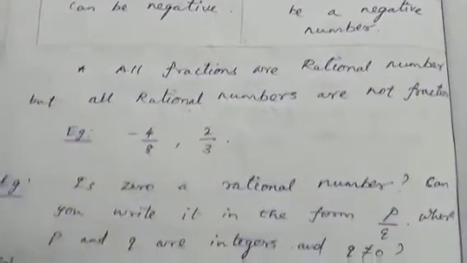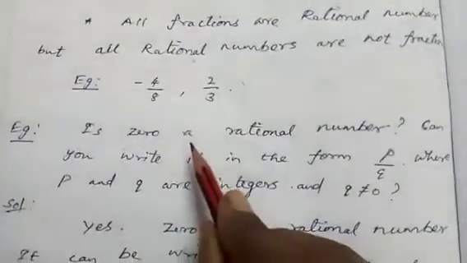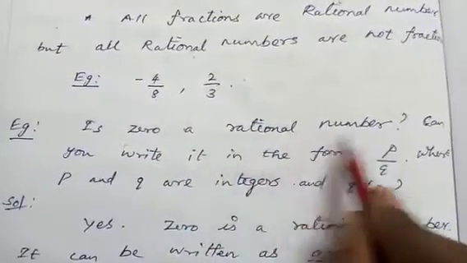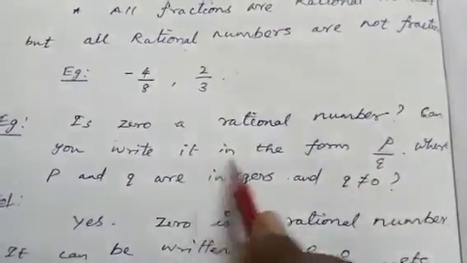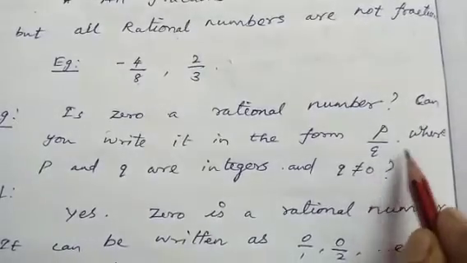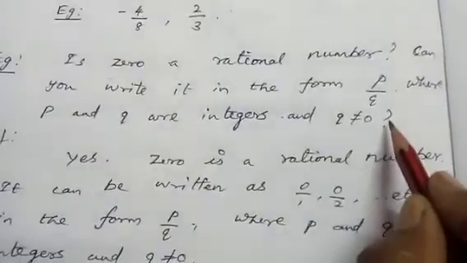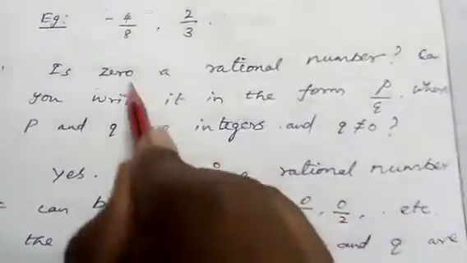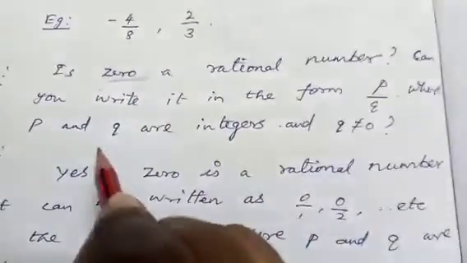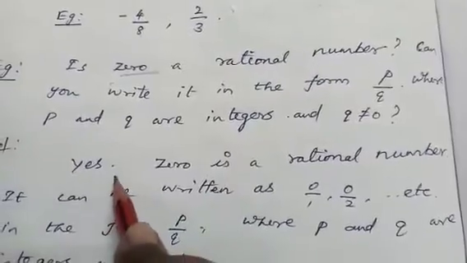Now let us see one example. Is 0 a rational number? Can you write it in the form P divided by Q, where P and Q are integers and Q is not equal to 0? Yes, 0 is a rational number.